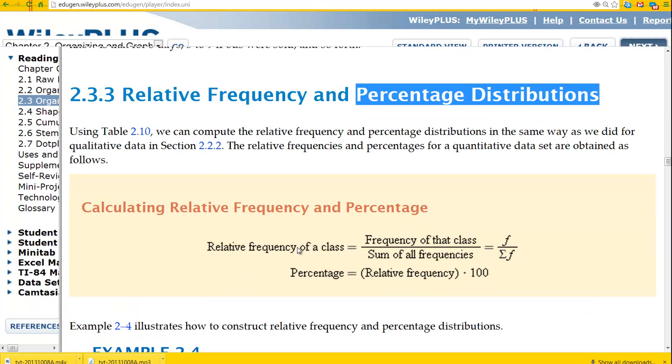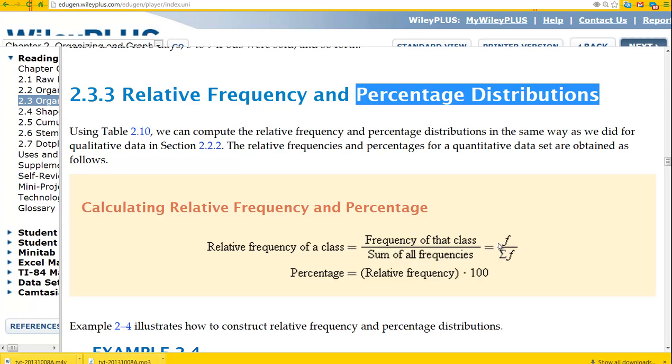So we can say the relative frequency of a class, just one class, is the frequency of that one class divided by all of the data, or in other words, the sum of all of the frequencies, right? And that can be written symbolically. The frequency of the class is f, usually like f sub 1 or f sub 2, but they're just writing f here.